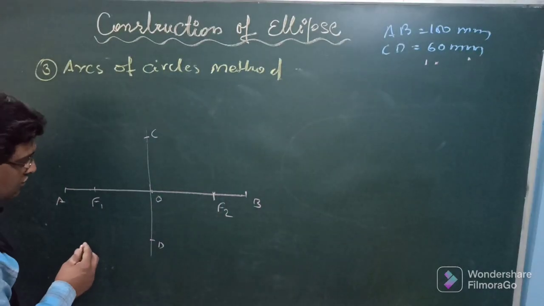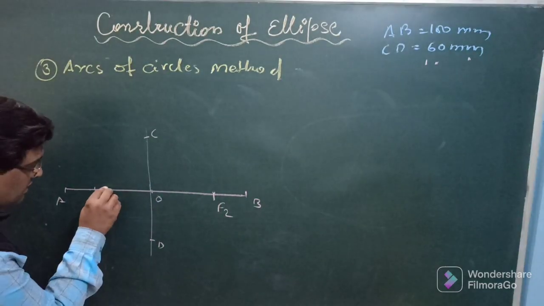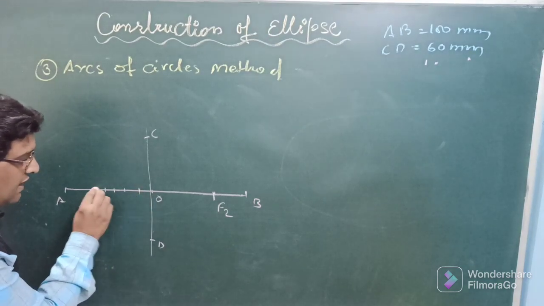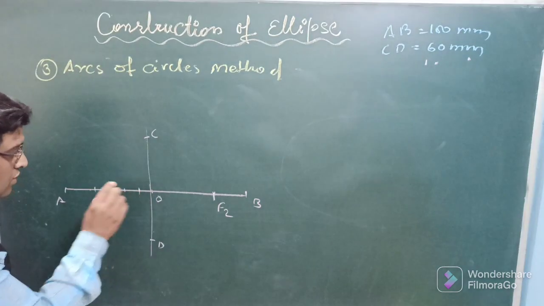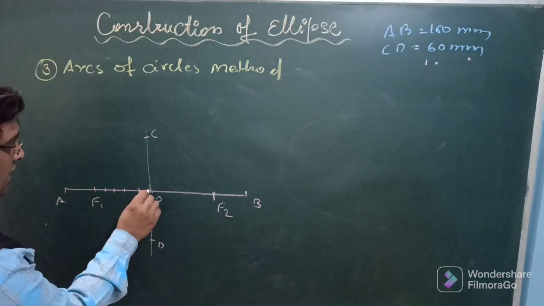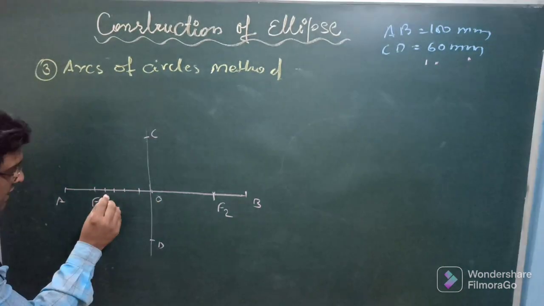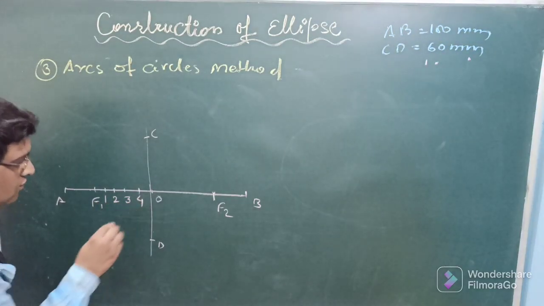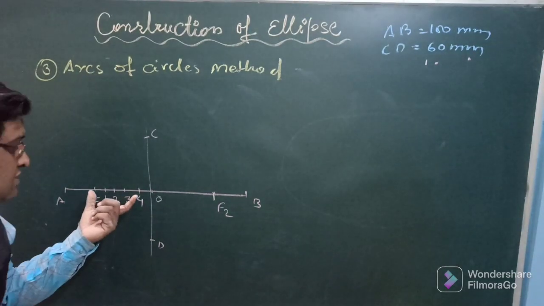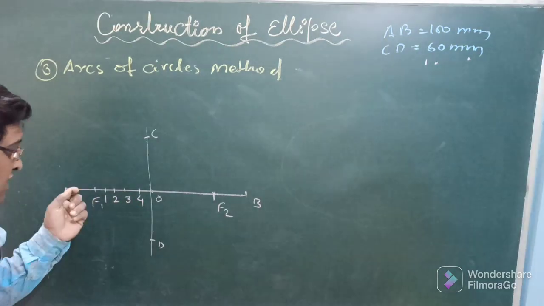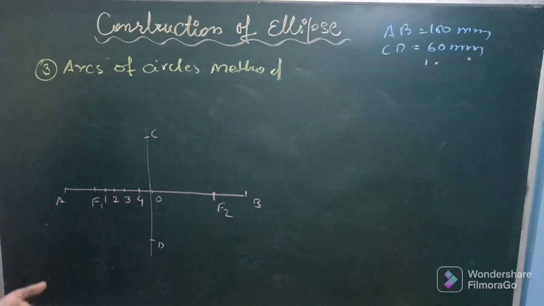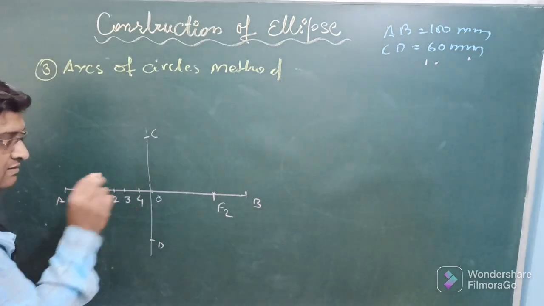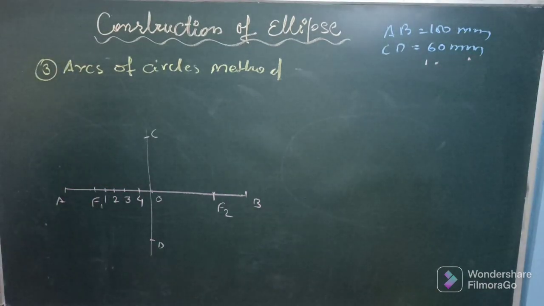Now what we have to do, just mark 5 to 6 points between F1 and O and give markings like 1, 2, 3, 4. These points may or may not be equal, these may be arbitrarily taken, so it is not necessary that they should be equal ones. You can just mark 1, 2, 3, 4 points here.